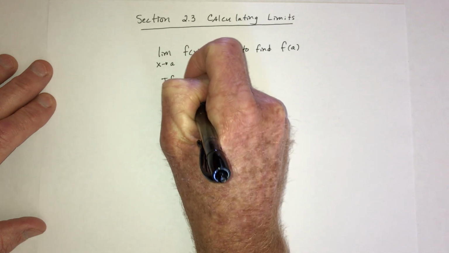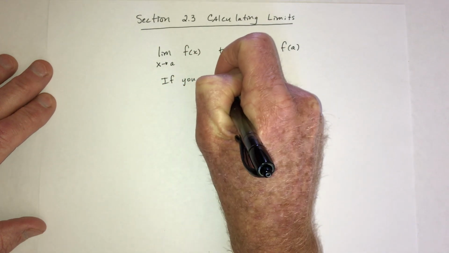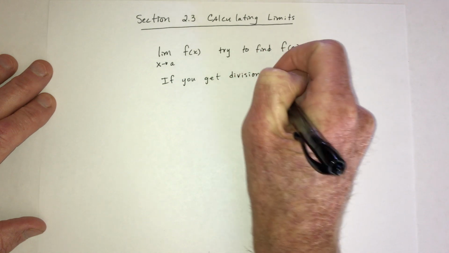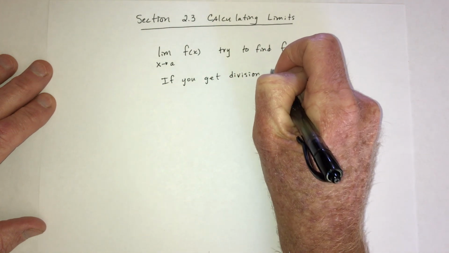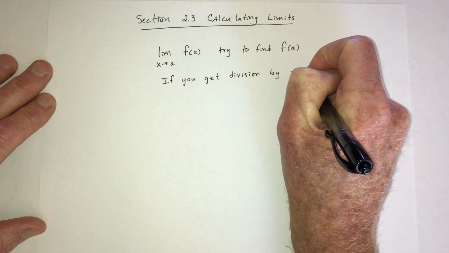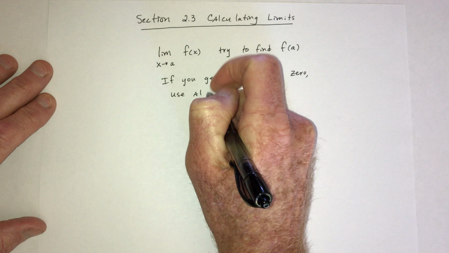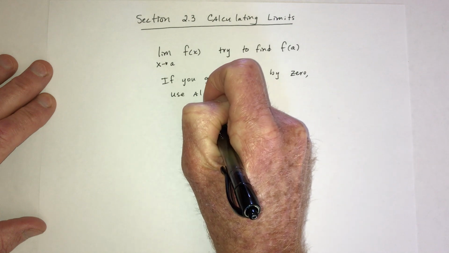If you get division by 0, then quite often what you need to do is use algebra. And that's what we're going to do quite a few examples of right here.